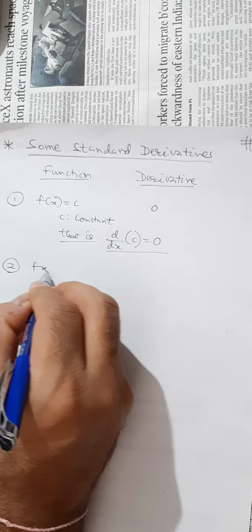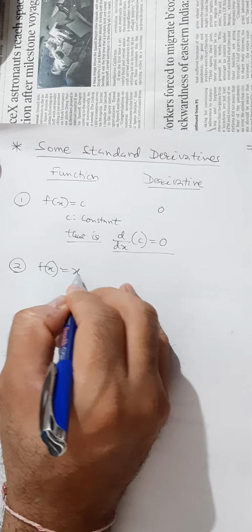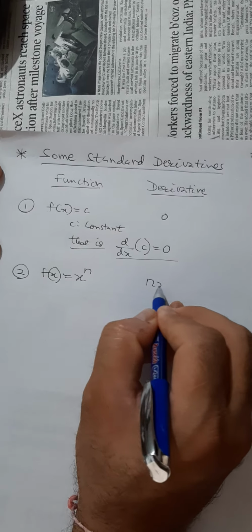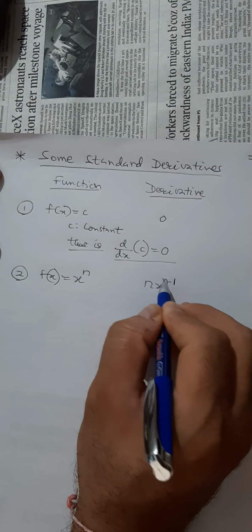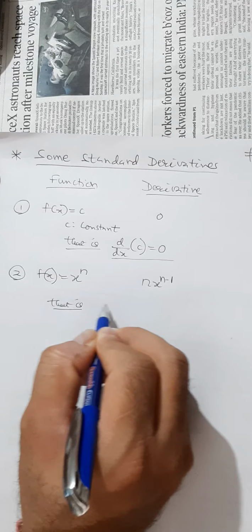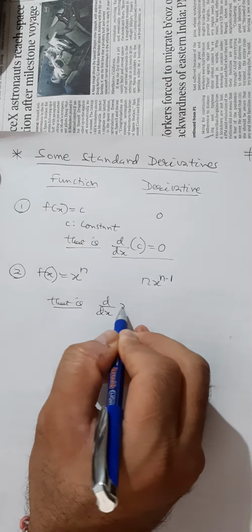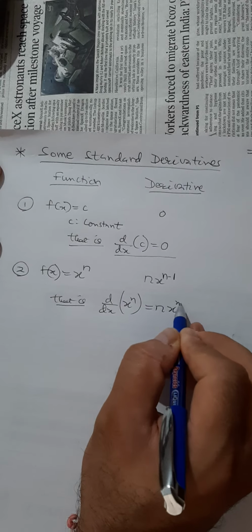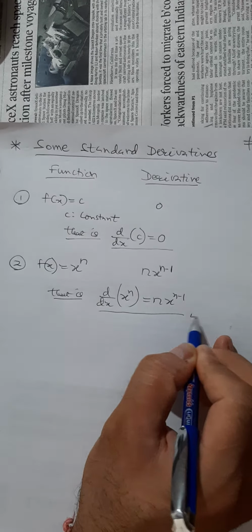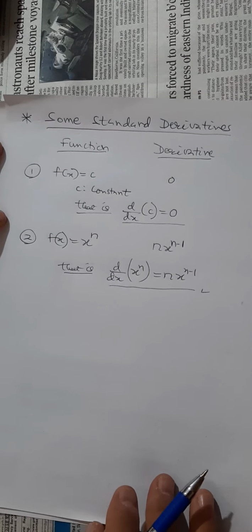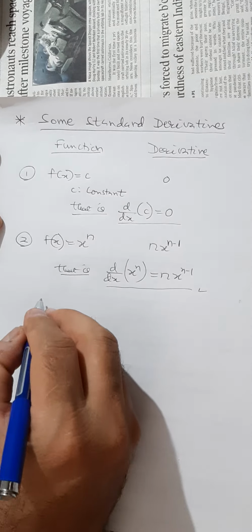Next, I'll take f(x) equals x raised to n, the power function. You know it is n into x raised to n minus 1. This means d by dx of x raised to n is n into x raised to n minus 1. This is from 11th standard, remember.